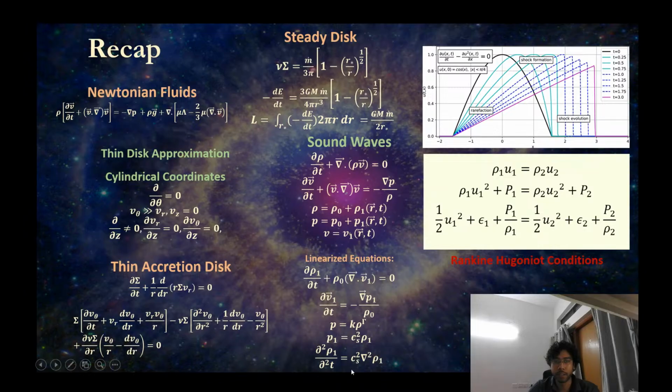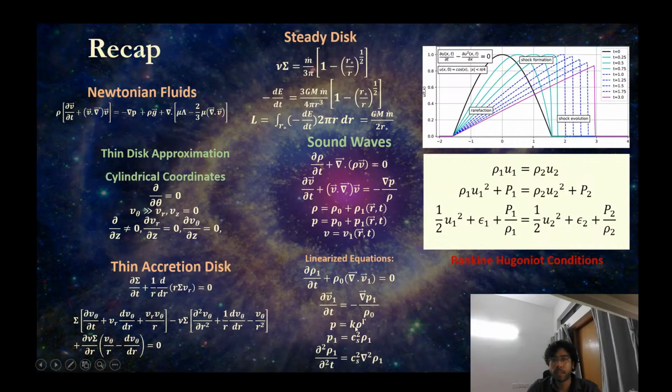Here we see that the speed at which these perturbations rho 1 and so on move in the medium is the speed of sound, which is c_s. Up to here, we just saw what we earlier proposed, that perturbations in the fluid travel at the speed of sound.